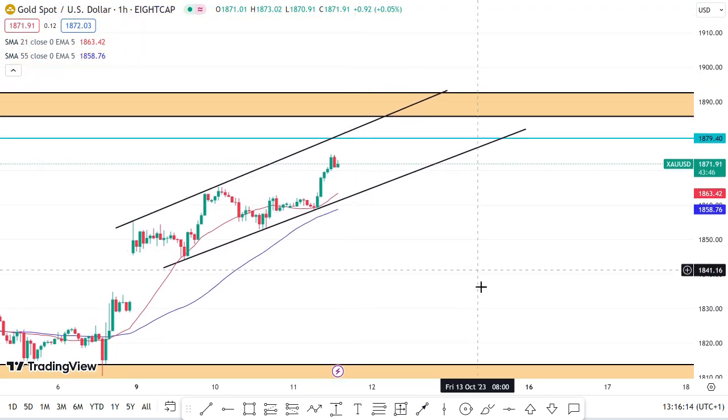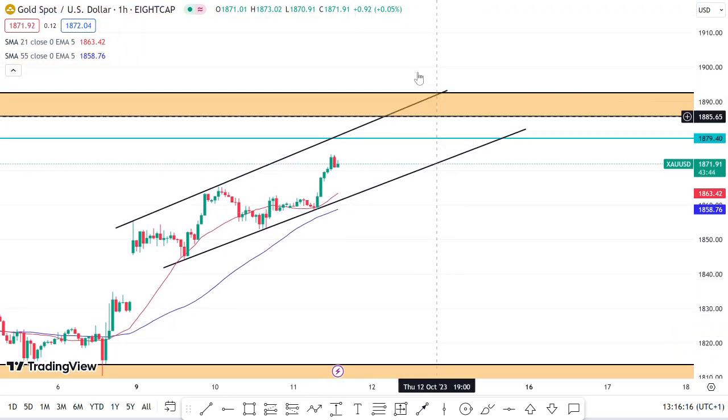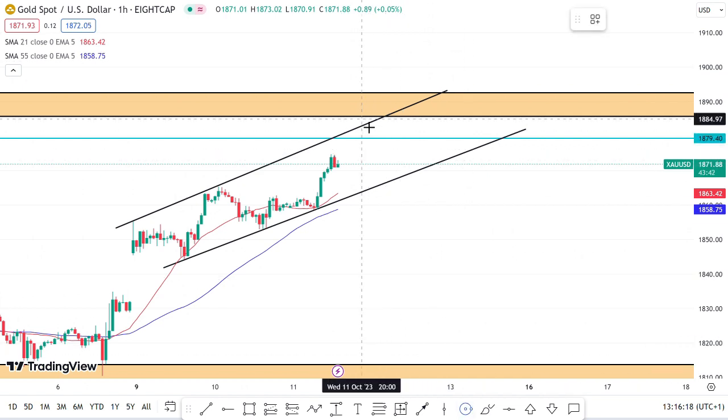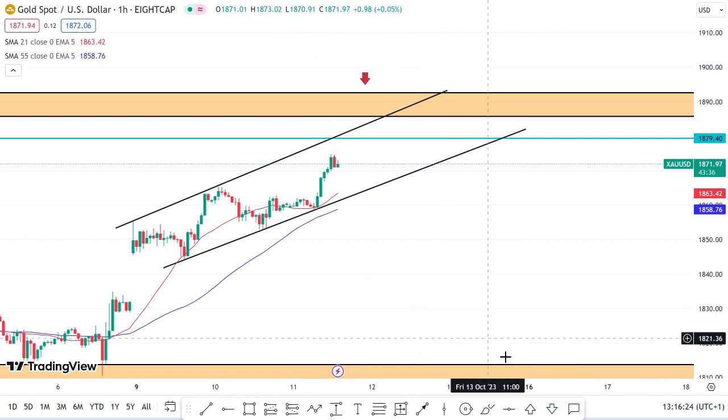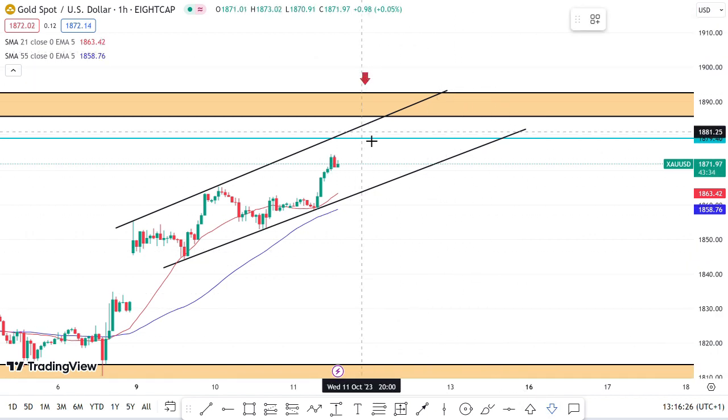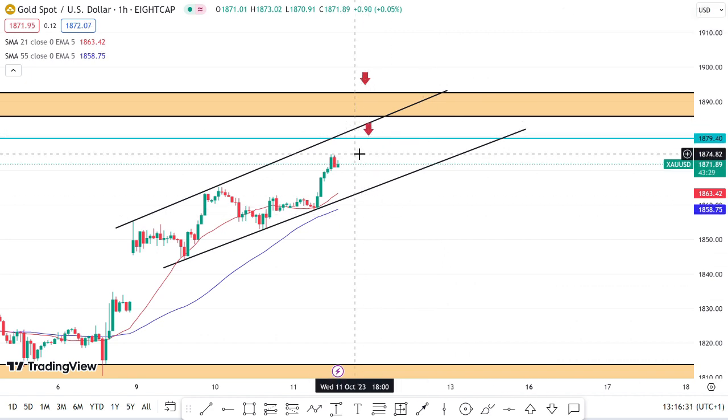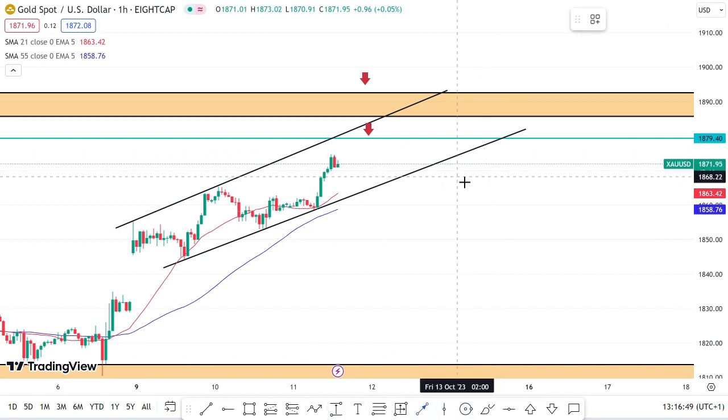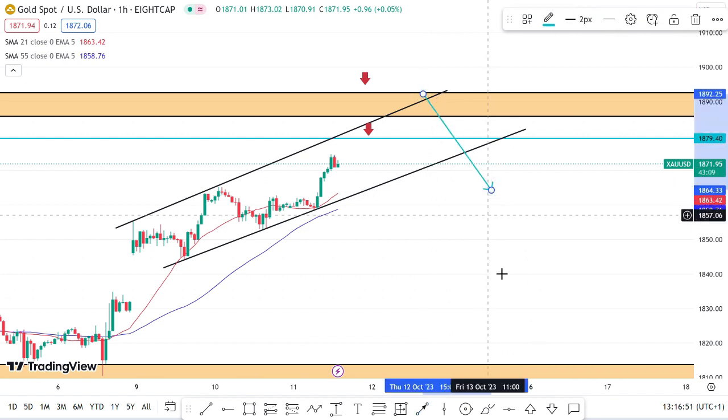So we are looking for our entries within these zones, within here, somewhere here, or here. This is where we are going to engage in the market. We are going to take a short, or we are not going to take another position when we have this.